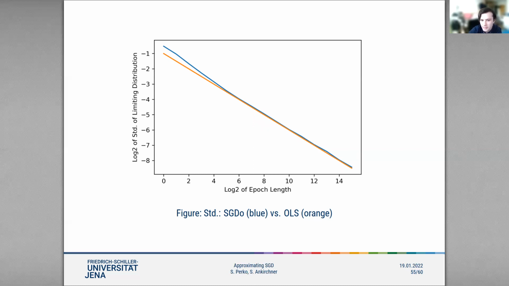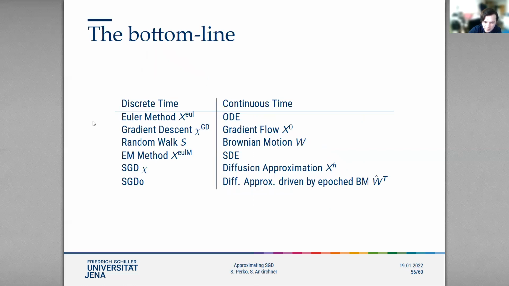So we think that our analytical derivation of the limiting distribution for the diffusion approximation coincides with the discrete SGDO process. Now we can even add this to our table: SGDO in discrete time is approximated by this diffusion approximation driven by epoch Brownian motion in continuous time.